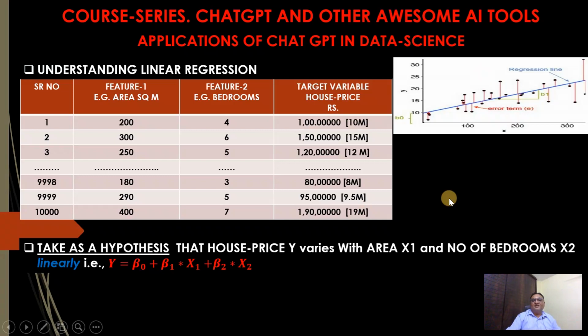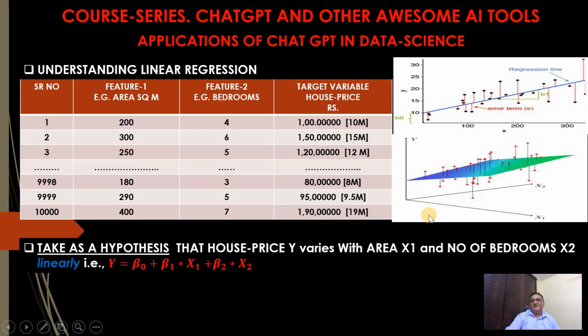But here our price depends on two variables, x1, which is the area, and x2, which is the number of bedrooms. As a result, these are the data points again, red color, all various data points.